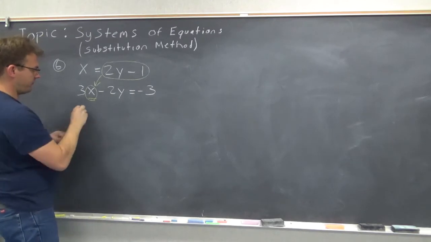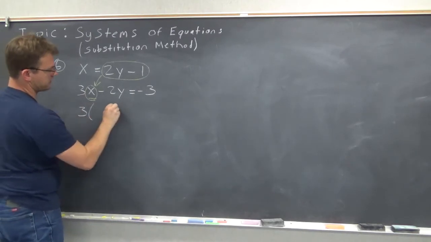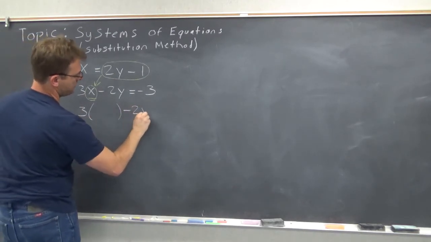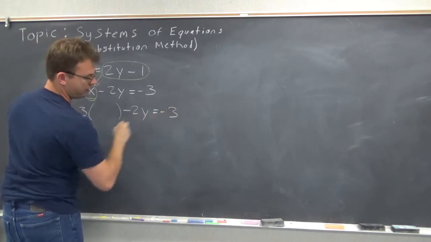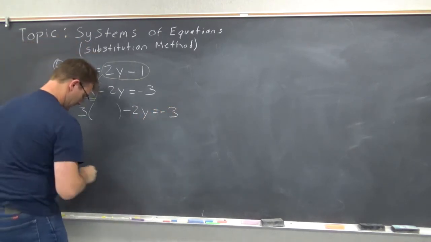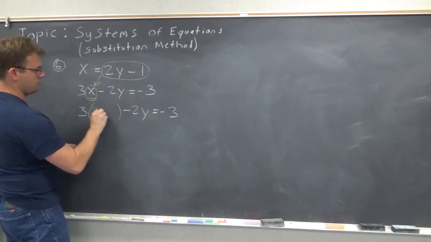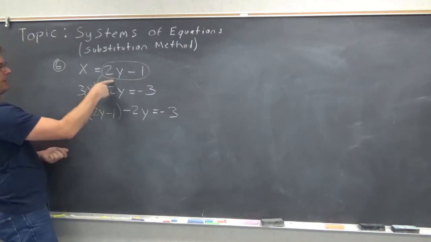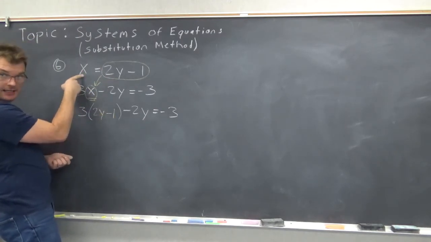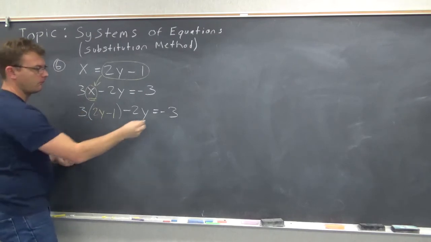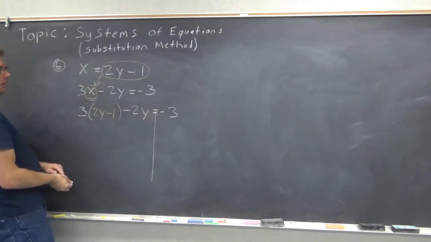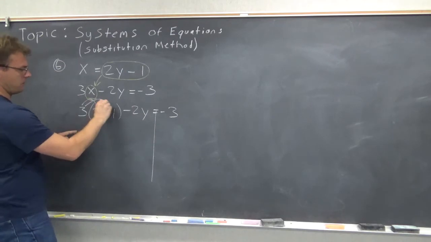So you should have 3 parentheses minus 2y equals -3. So 2y minus 1, taking that, substitute in for x. Solve, distribute.